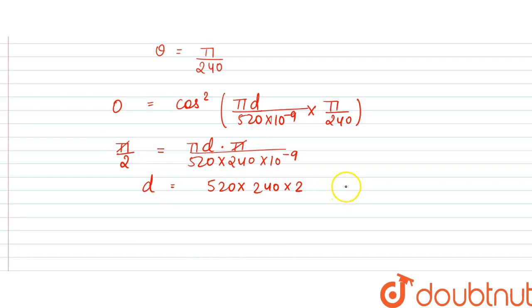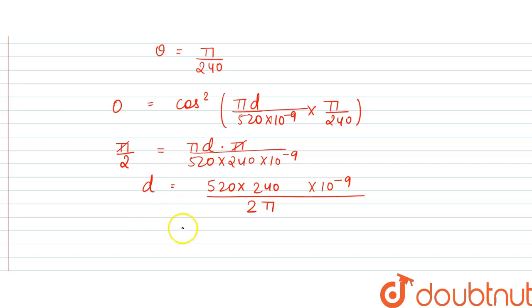So d is equal to 520 into 240 into 10 to the power minus 9 divided by 2 pi. 520 into 240 is 124800, divided by 2, divided by pi.